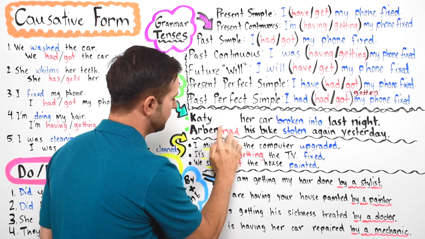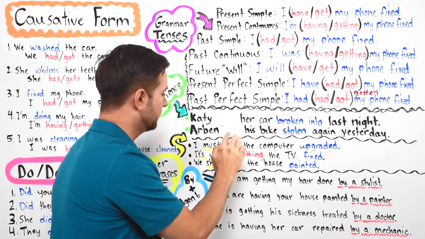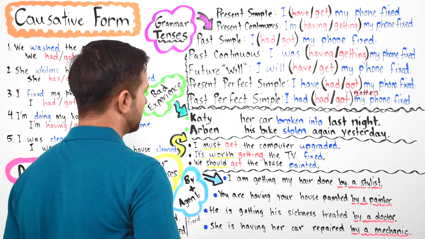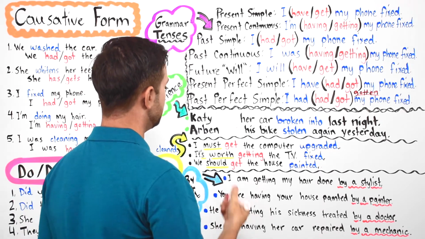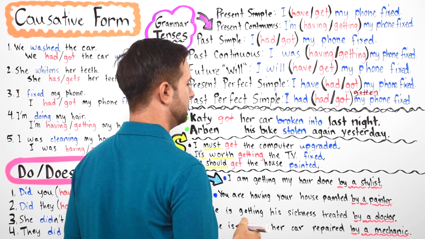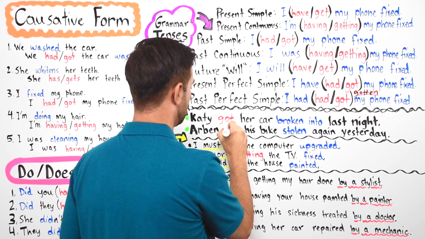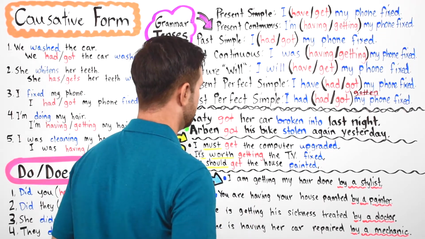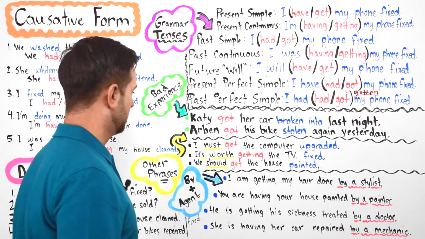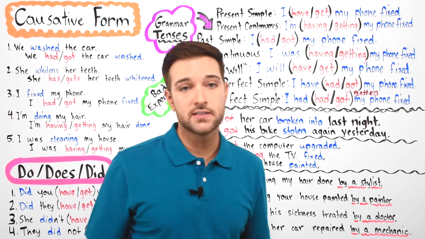What can you also say? You can say Katie had her car broken into last night, or Katie got her car broken into last night. Arbin got his bike stolen again yesterday. Okay. All right, so let's go ahead and continue.